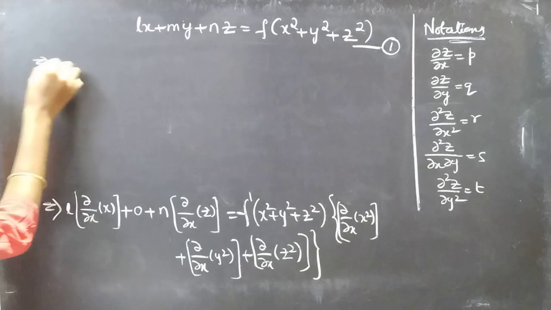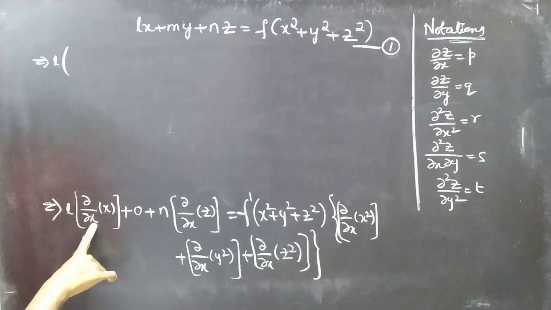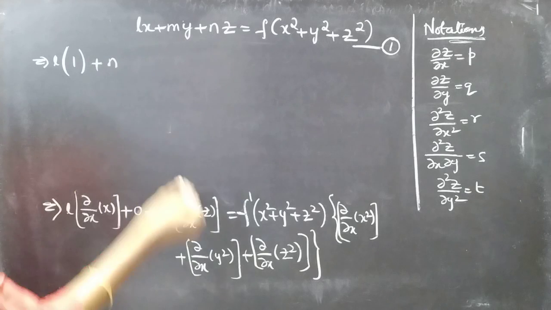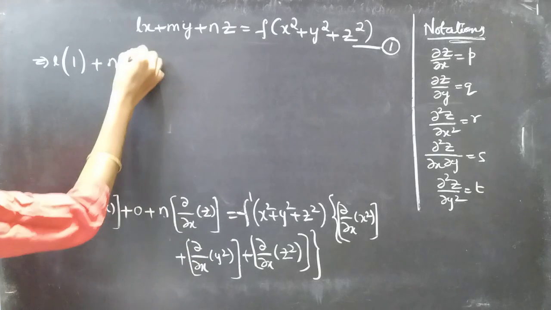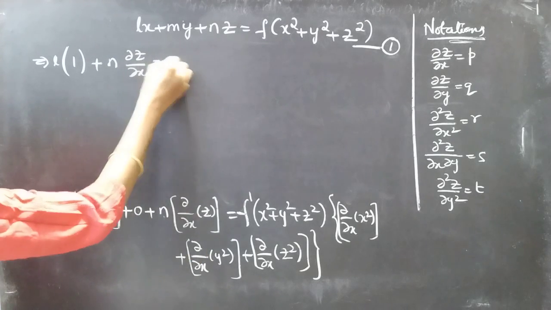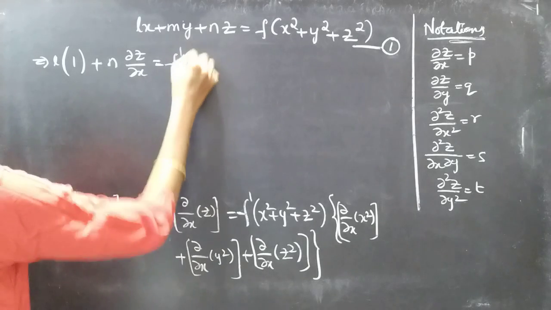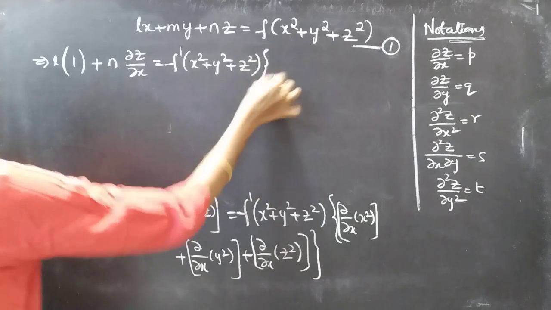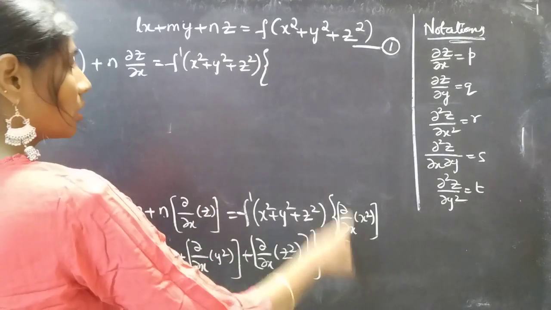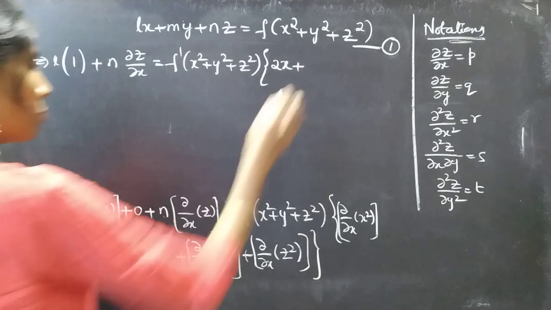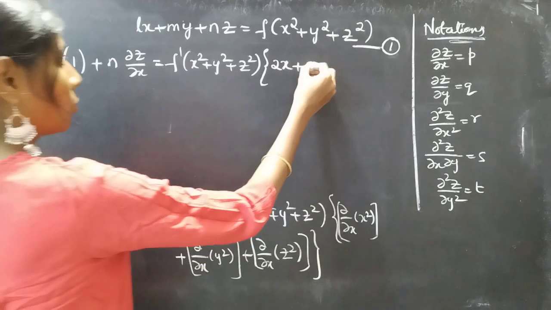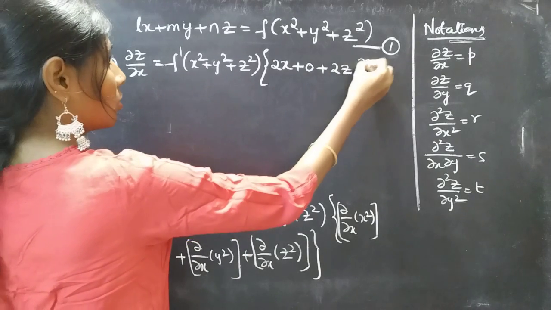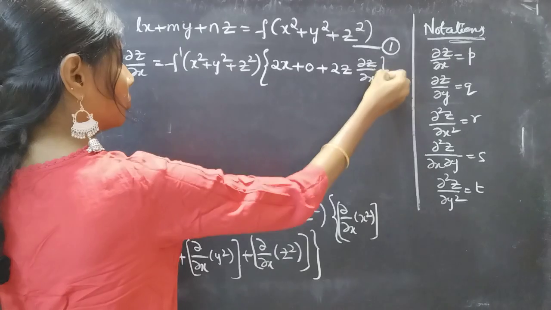This gives us l into partial derivative of x with respect to x is 1, plus n into partial derivative of z with respect to x, dou z by dou x, equal to f dash of x square plus y square plus z square into partial derivative of x square with respect to x is 2x, plus partial derivative of a constant with respect to x is 0, plus partial derivative of z square with respect to x is 2z into dou z by dou x.